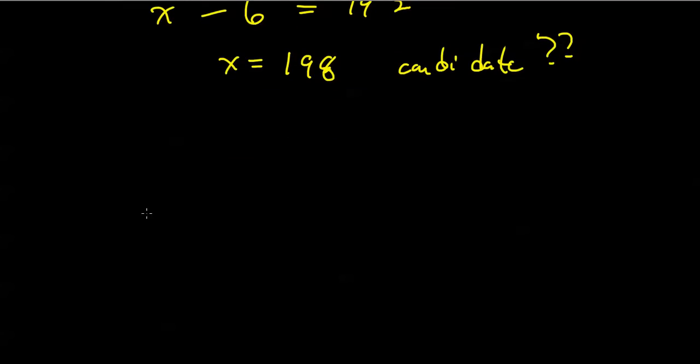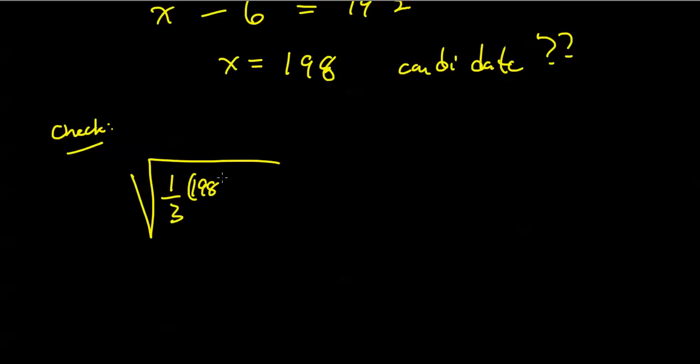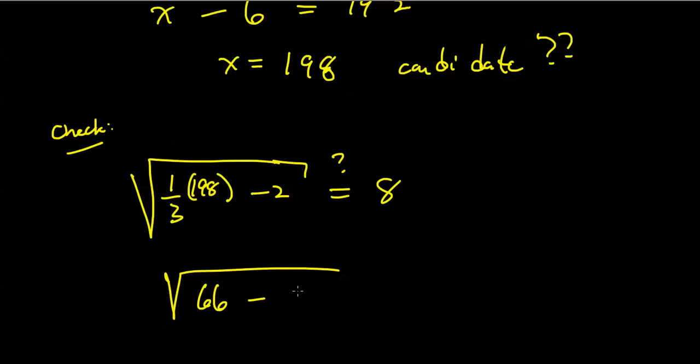So let me go back to my original equation. Square root of 1/3 times x minus 2 equals 8, and I have to ask myself, is that a true statement? 1/3 times 198, well, 3 goes into 198 66 times, minus 2 equals 8.